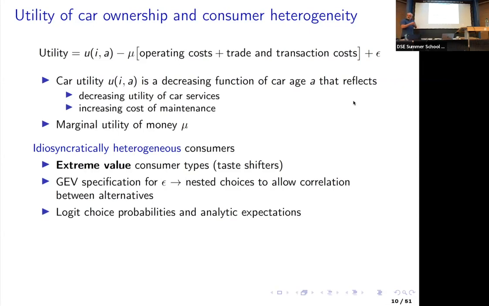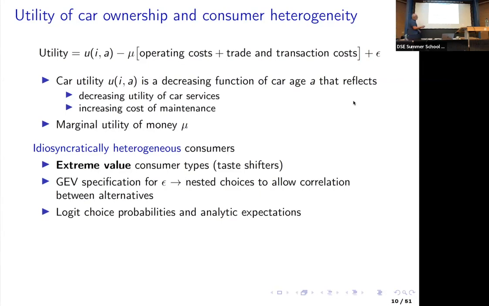And then there's going to be these discrete choice specific epsilons. Okay, we like to think that the utility is decreasing in the age of the car, but that's an empirical question. So we're going to estimate the parameters of those utility functions. But we expect it to be decreasing because people get declining utility of car services and increasing maintenance costs and so on as cars are aging.